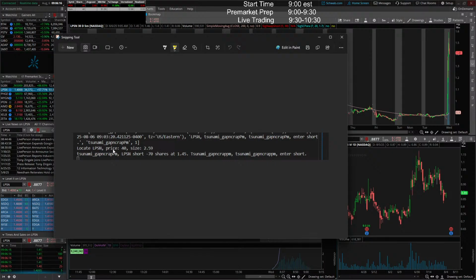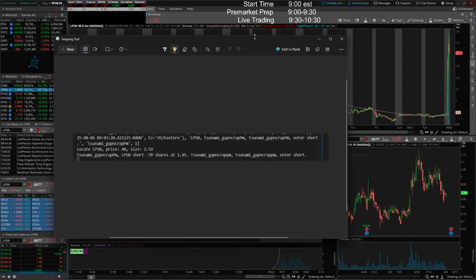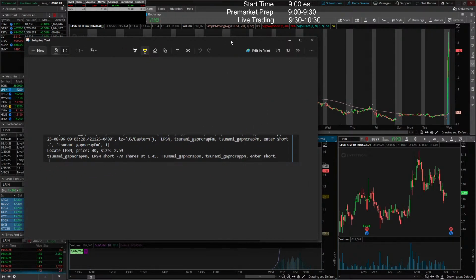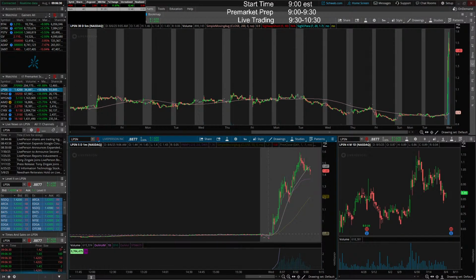But then this price says 40, which is wrong. And the size is wrong too. Let's take a look at that one. That's a little bit odd. It's almost like it thought the price was too expensive.